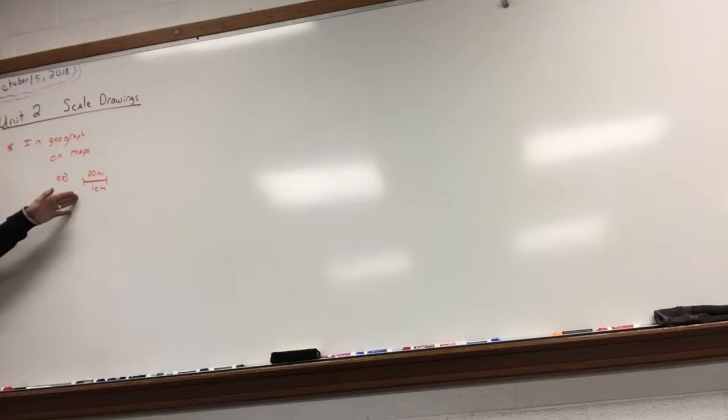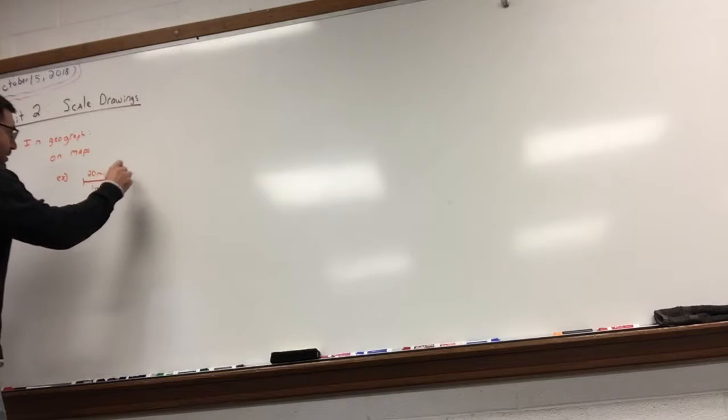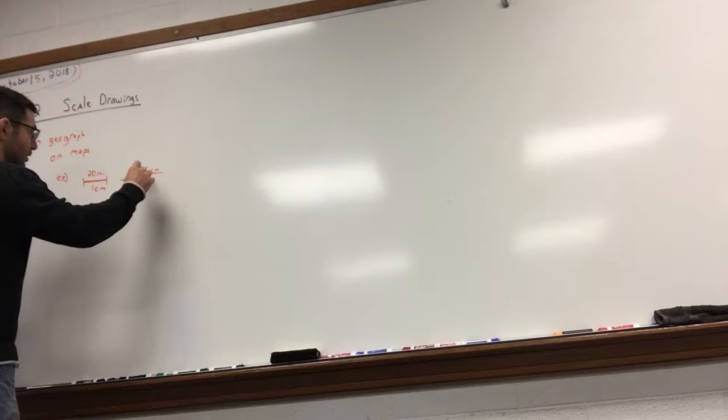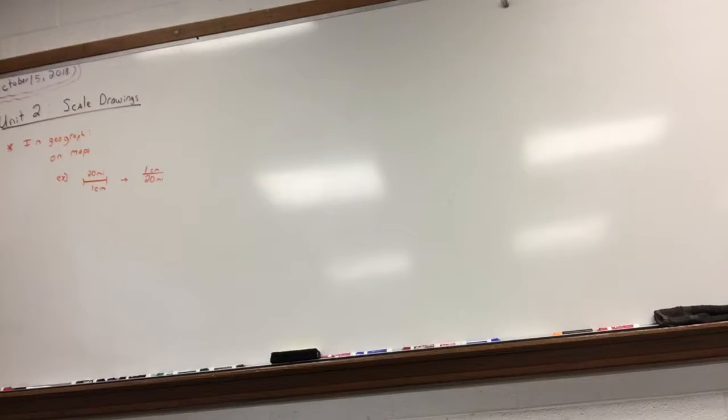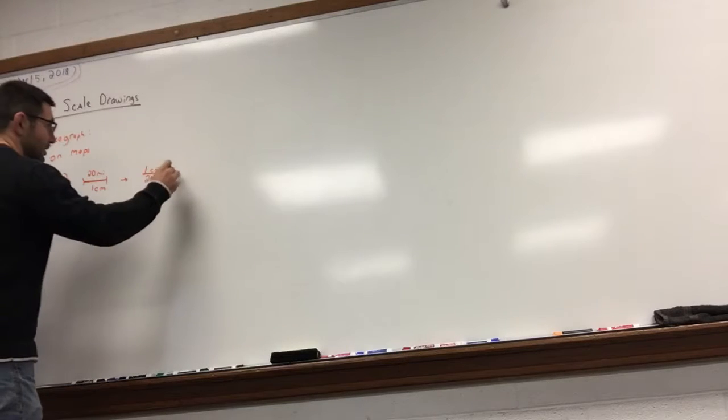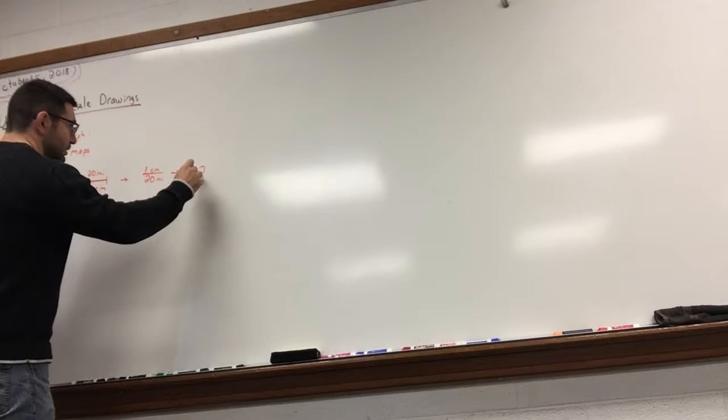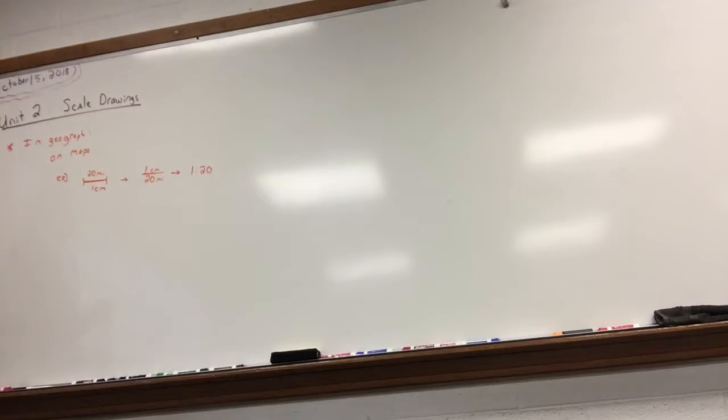So they put in what's called scales. Another way to draw this is to say 1 centimeter for every 20 miles. Another way to draw this is to say 1 to 20. Okay?